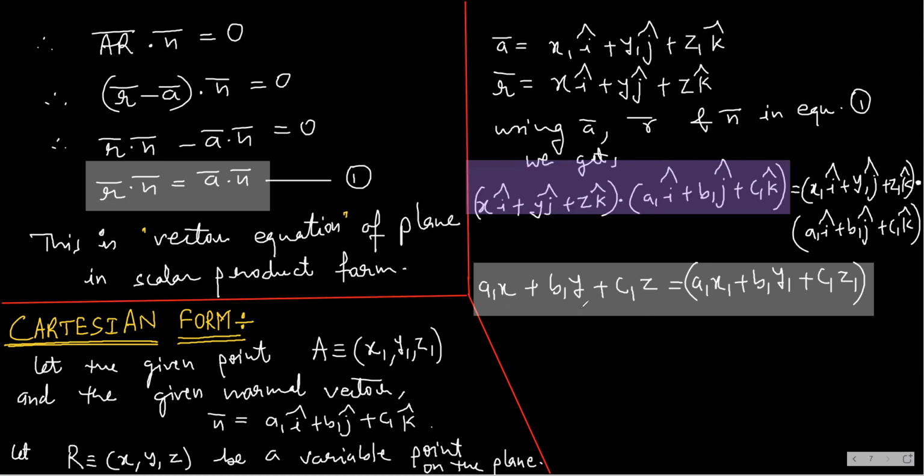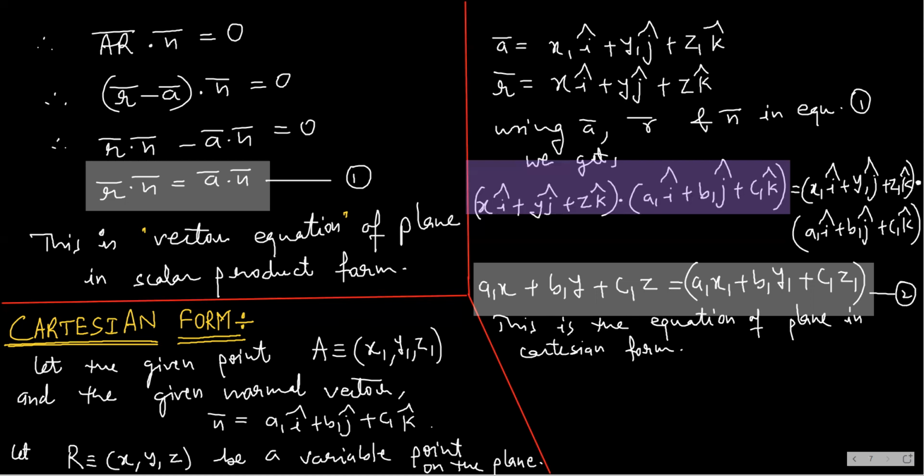Okay. So I write here, first before that, this is the equation of a plane in Cartesian form. This is 2.